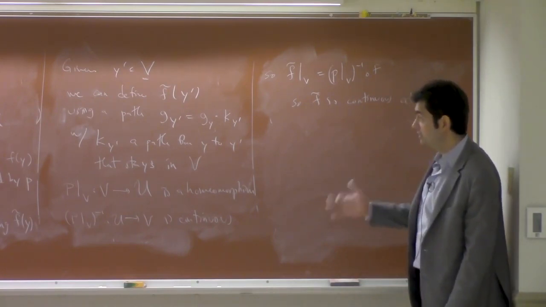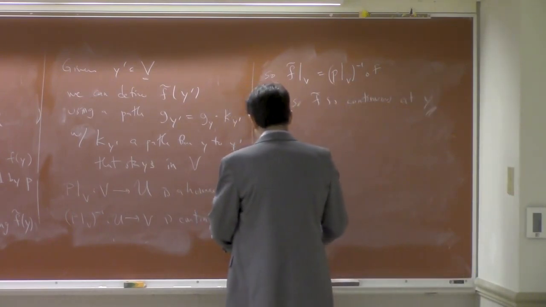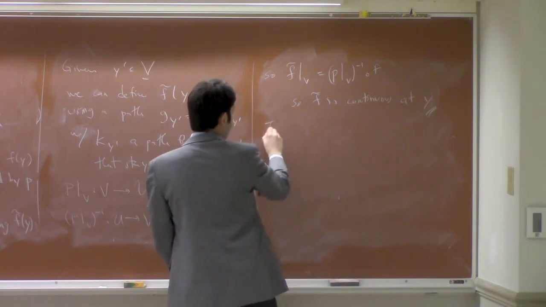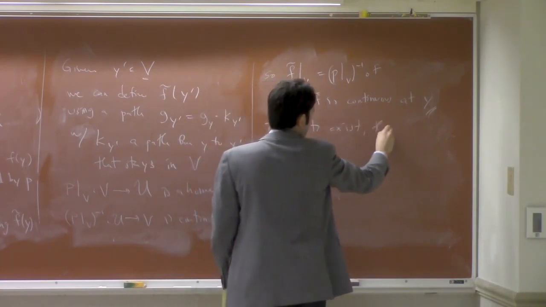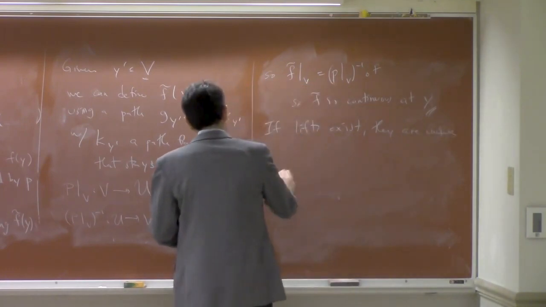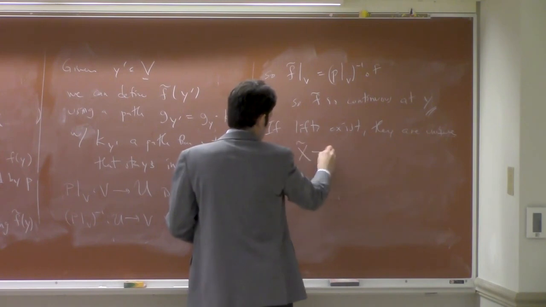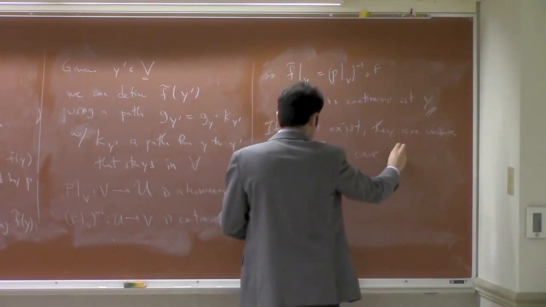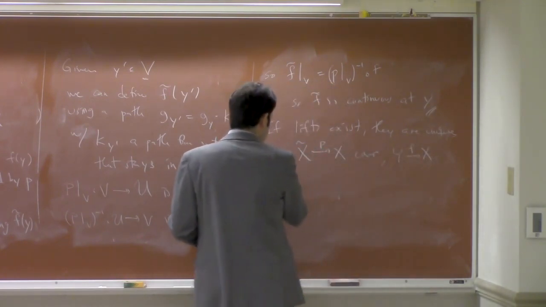Okay, excellent. So that's the lifting criterion. It tells us when you can lift. An easy fact is that if lifts exist, they are unique. So specifically, let's say you have a cover and you have a map with two lifts.